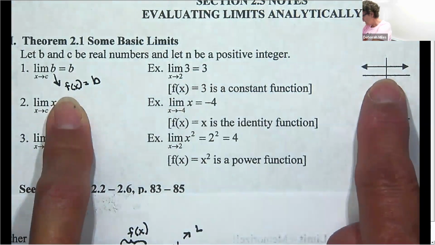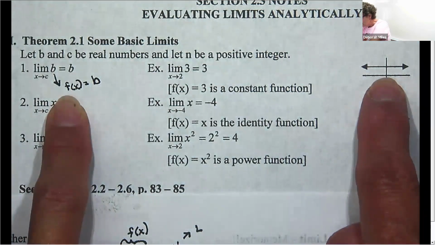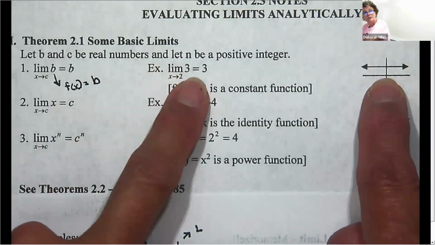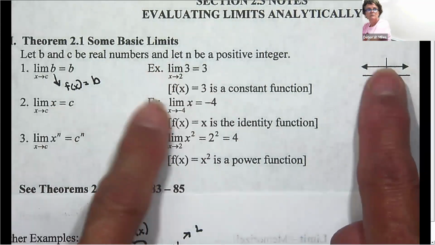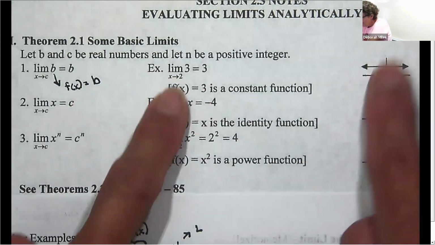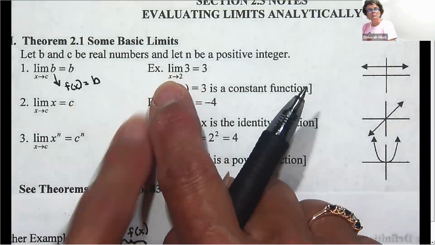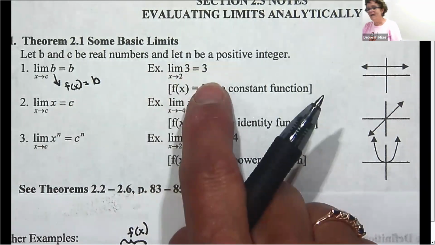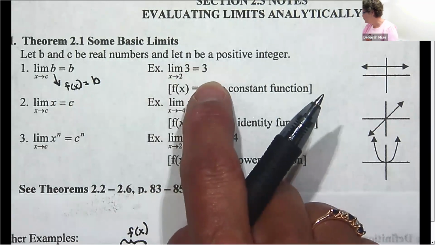It's a horizontal line, and the limit of that function, all the Y's are B. Whatever B is, all of the Y's are that. So if I just say the limit as X approaches anything of 3, all the Y values are 3, no matter what X is approaching.